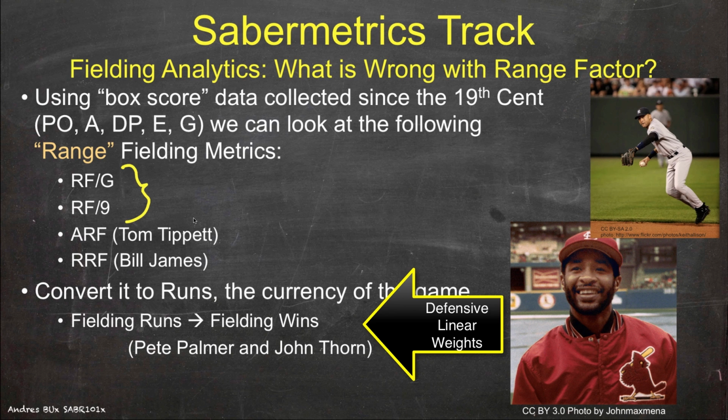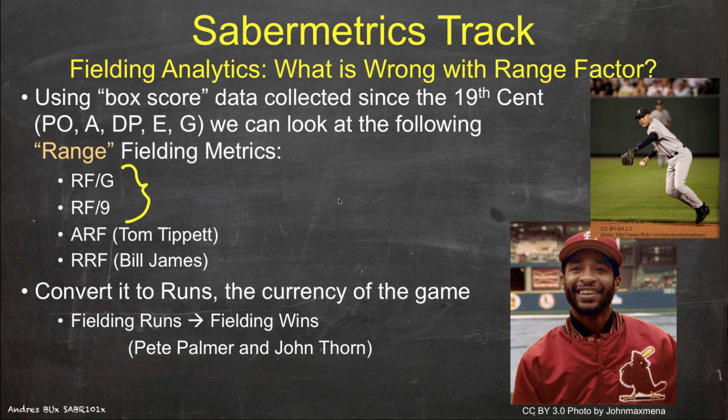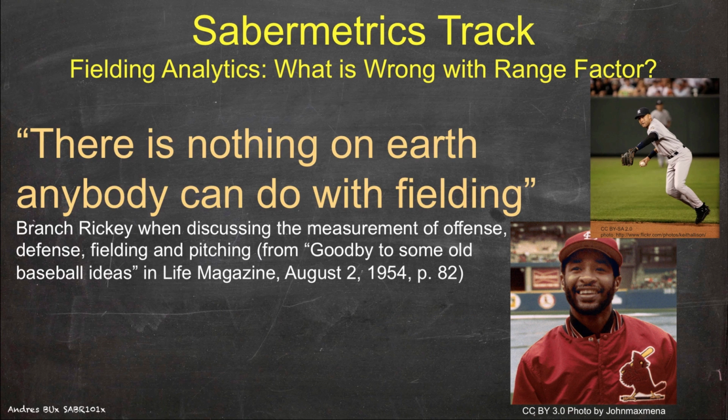Thorn and Palmer were trying to measure fielding runs and ultimately get to fielding wins. They wanted to create an all-encompassing statistic, one that incorporated the run value of batting, the run value of pitching, base running, and fielding. So this was put together in something they called total player wins.